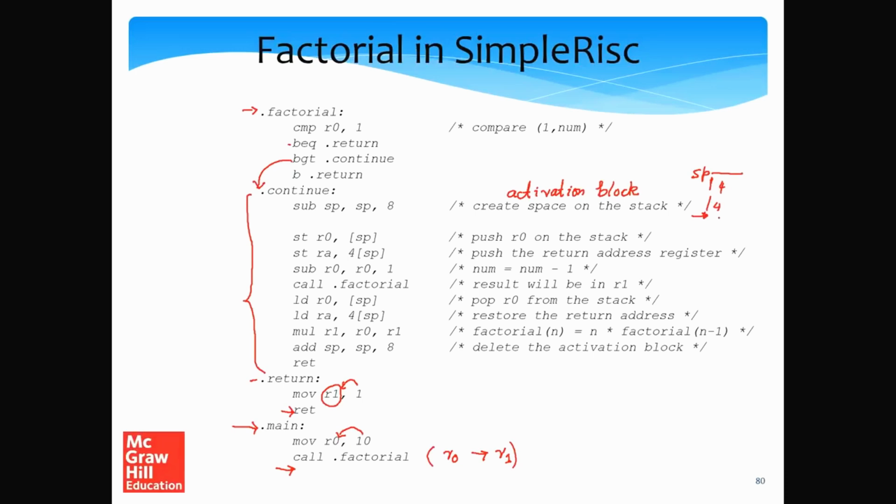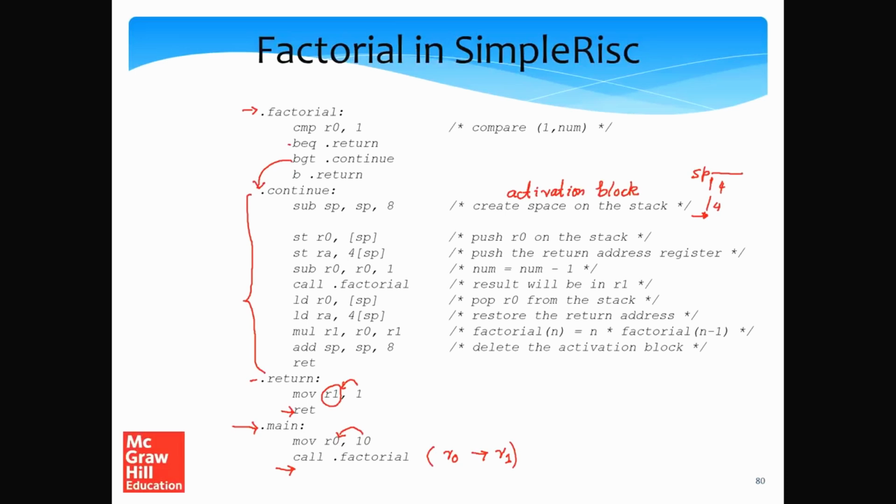Now, since we are calling another version of the factorial function itself, it is necessary to save some information on the stack. Otherwise the called function, the callee, will overwrite those values.